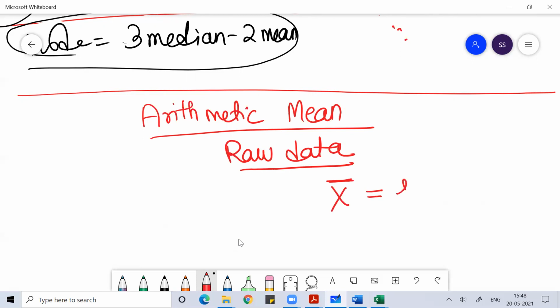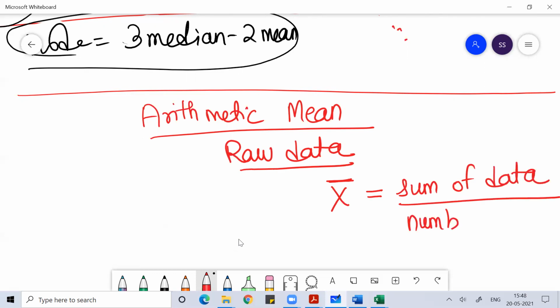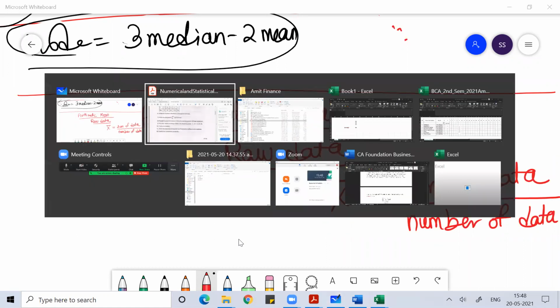Arithmetic mean basically means the sum of data divided by the number of data. This is the arithmetic mean formula. Whenever you hear the term arithmetic mean, it basically means the sum of data divided by the number of data.